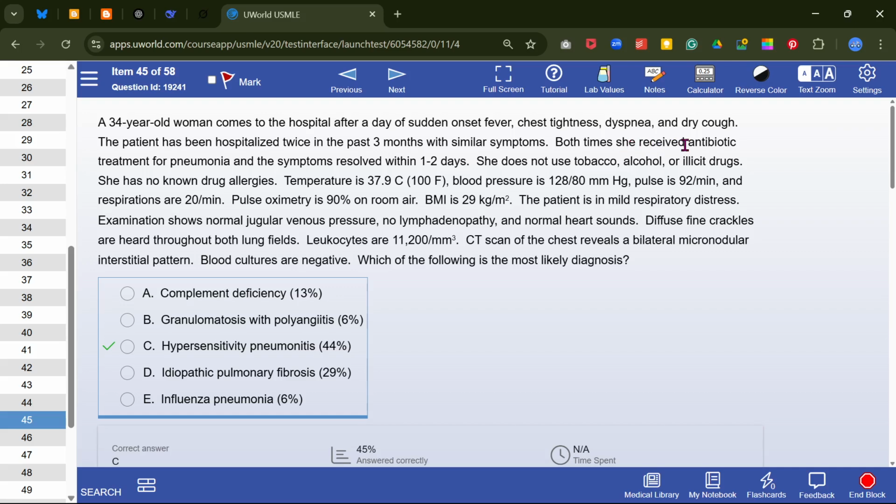Both times she received antibiotics for pneumonia, and the symptoms resolved within 1 to 2 days. She does not use tobacco, alcohol, or illicit drugs. Temperature is elevated. Pulse oximetry is 90% on room air.